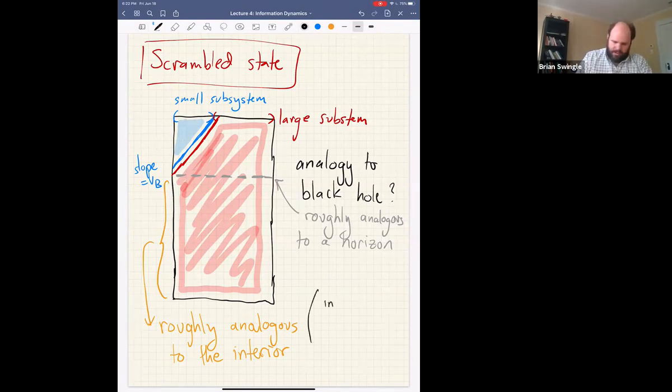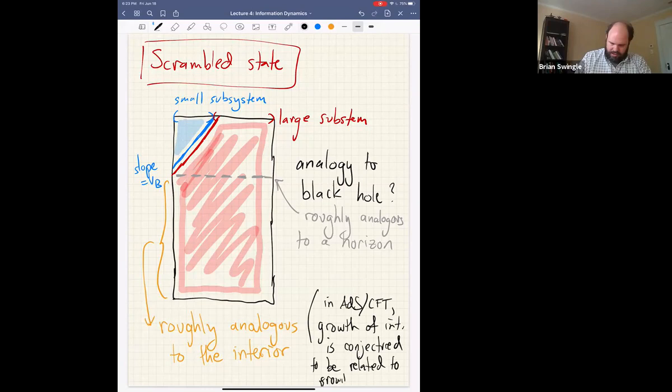So in AdS/CFT, the growth of the interior is conjectured to be related to the growth of complexity.